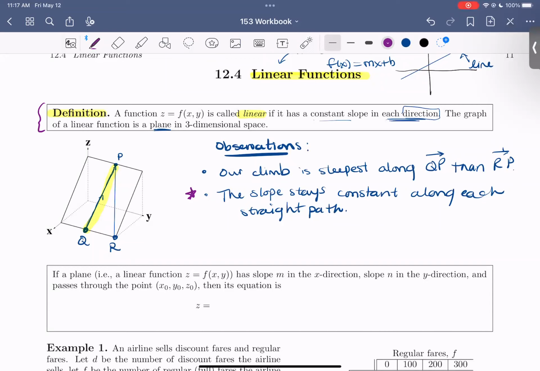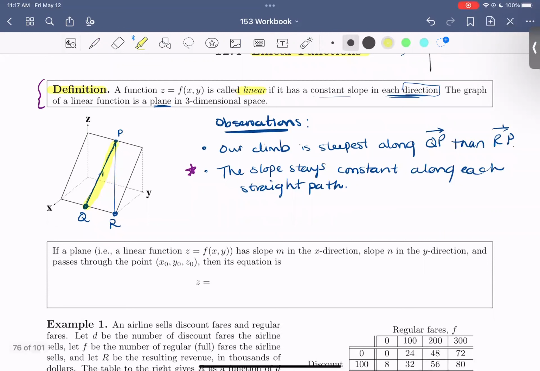All right, so now let's look at what an equation of a linear function in two variables looks like. So we can look at this box together. It says if a plane, i.e. a linear function that's equal to z equals f of x y, has a slope of m in the x direction, so if we held y fixed and just changed x, and a slope of n in the y direction, and passes through a point x naught, y naught, z naught, then the equation is given by the following formula.